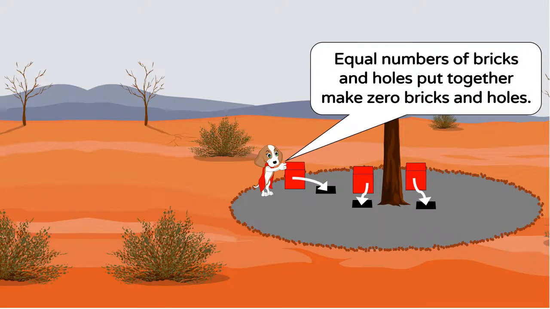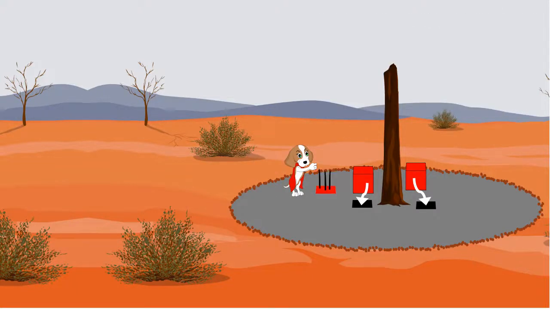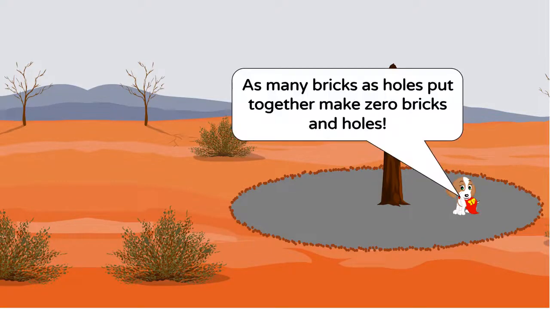Equal numbers of bricks and holes put together make 0 bricks and holes. So here's the 1-to-1 correspondence, a brick in a hole, there's a brick in the hole, and there's a brick in the hole, and put together, as many bricks as holes put together make 0 bricks and holes.